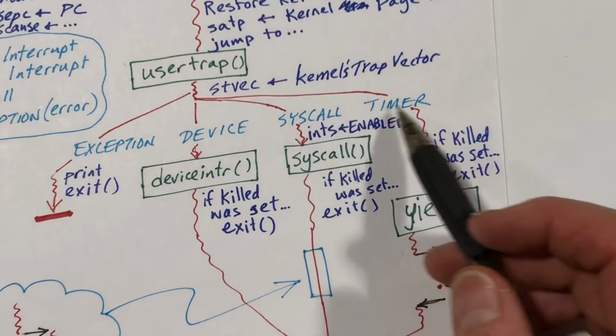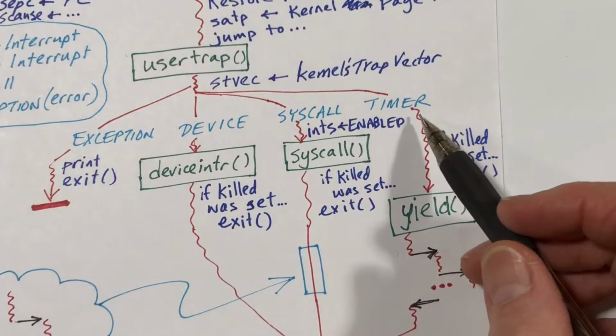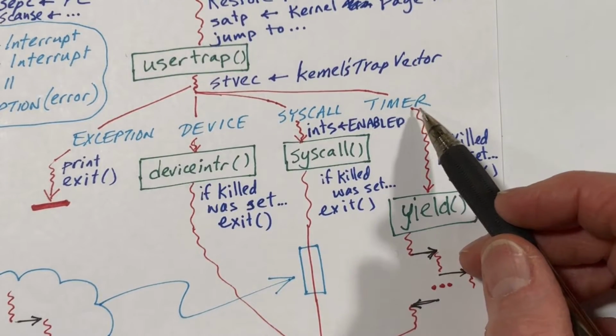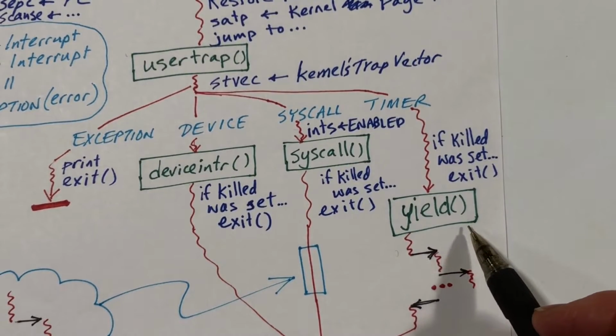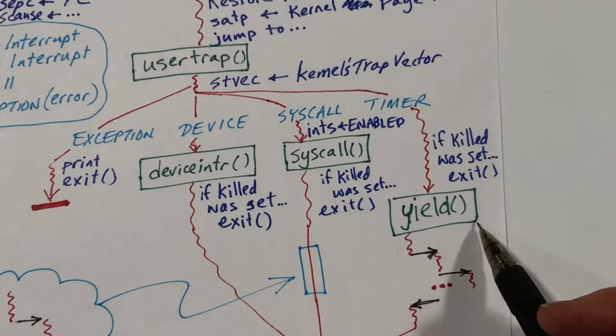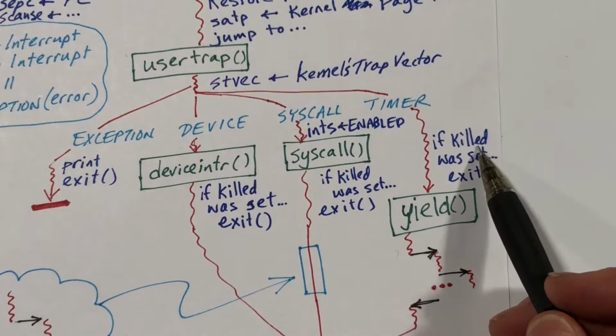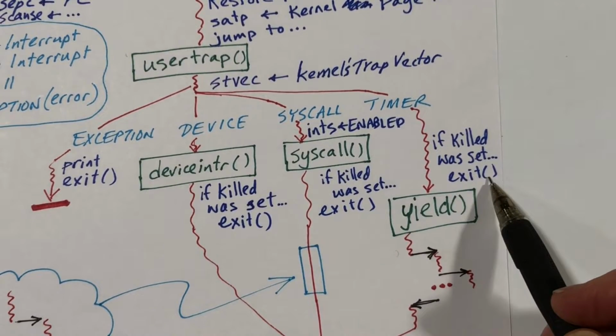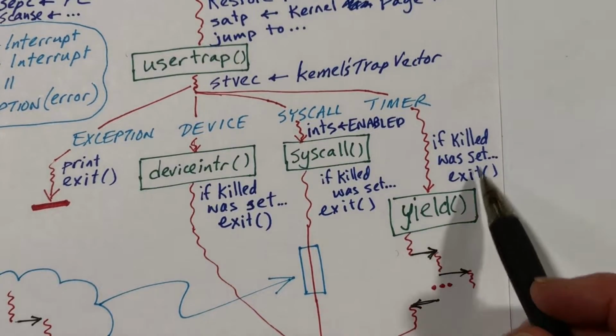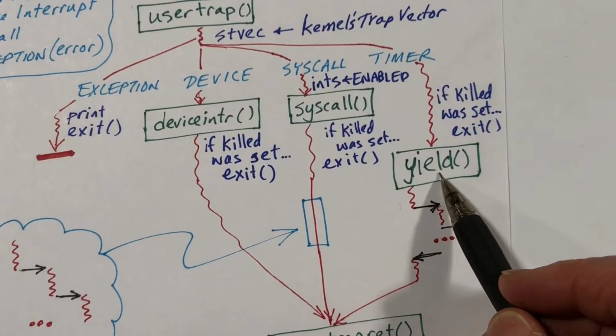But probably we just continue down here. If the timer interrupted, then it's time to have the end of this time slice and give some other processes a chance to run. So we check the killed flag, and if so, we just exit. But otherwise, we call yield.